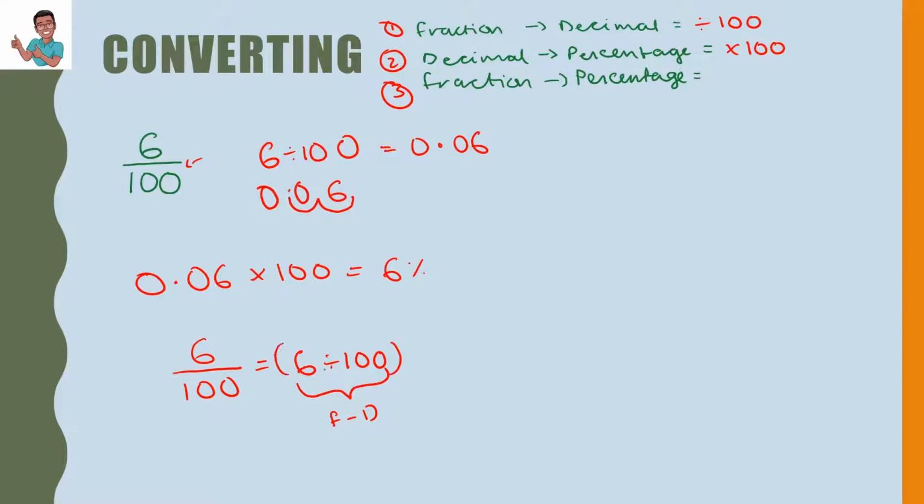And then after we do that, we multiply by 100. This step is like converting from decimals to percentages. The answer for this will be 6%, as we've seen here. So the general rule is we divide by 100 and then we multiply by 100.